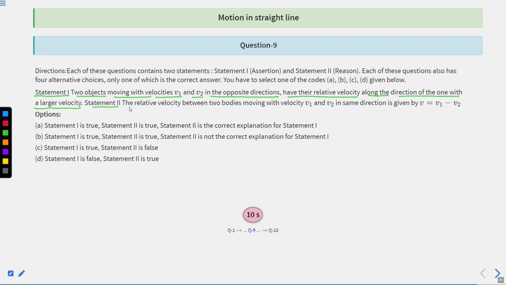Statement 2: the relative velocity between two bodies moving with velocities v1 and v2 in the same direction is given by v equal to v1 minus v2. Which statement is correct? Which option is correct? A, B, C, D. Clear? You have 10 seconds to find the answer. After that, we will provide the solution.